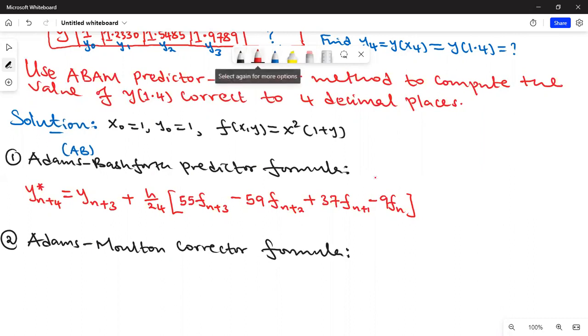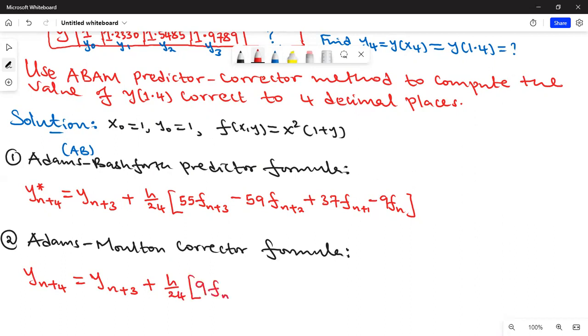It is given by y(n+4) is equal to y(n+3) plus h over 24 into 9 f(n+4) plus 19 f(n+3) minus 5 f(n+2) plus f(n+1).